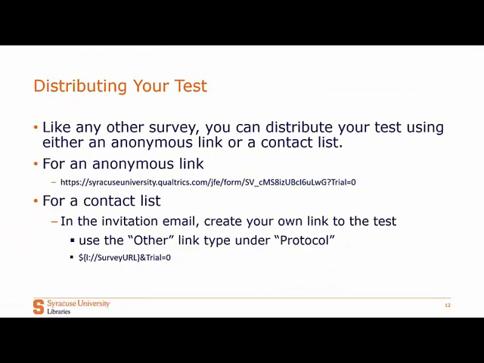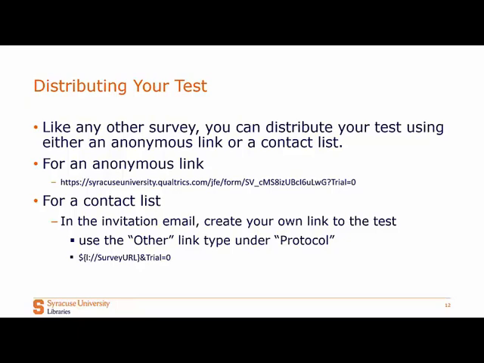There are two basic ways you can distribute your test. Like any other survey, you can distribute it using either an anonymous link or a contact list. If you are using an anonymous link, it is a basic URL, just the anonymous link that Qualtrics will give you, with a question mark and trial equals 0 at the end.